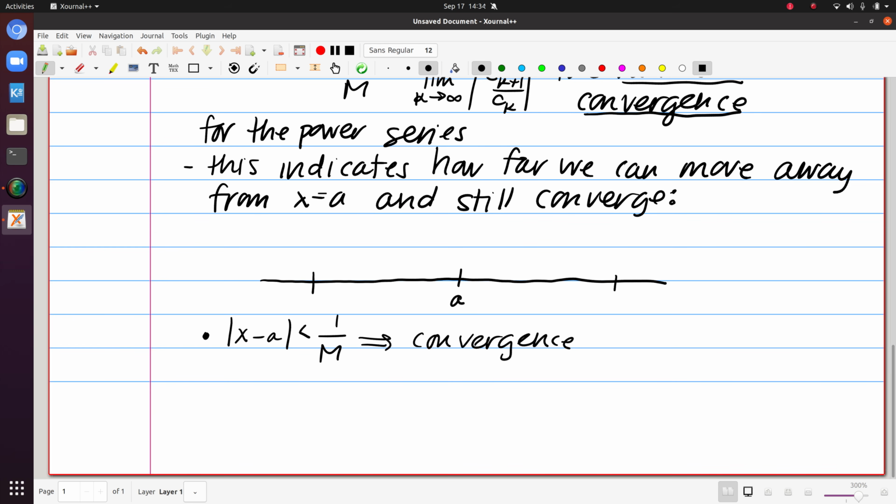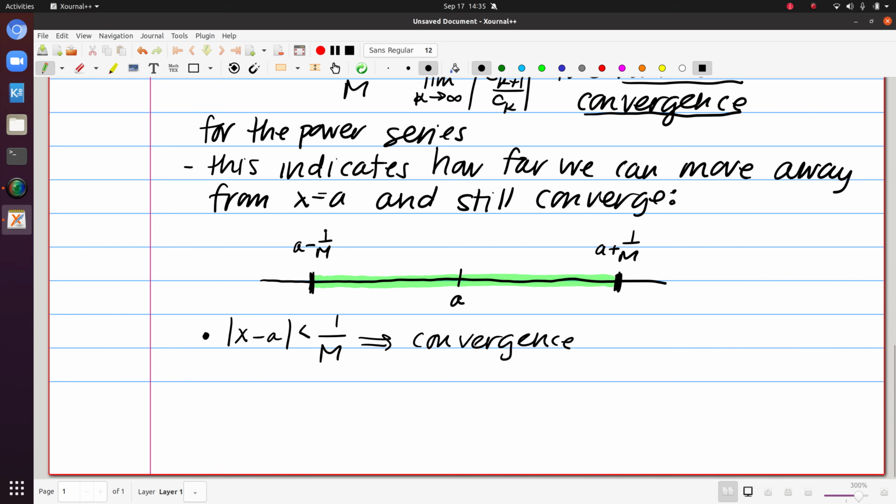It would be symmetric because of the absolute value. So I'm gauging this distance away from the center of 1 over M. Here I would have a minus 1 over M, and here I would have a plus 1 over M. And basically what's guaranteed in here is that I have convergence.